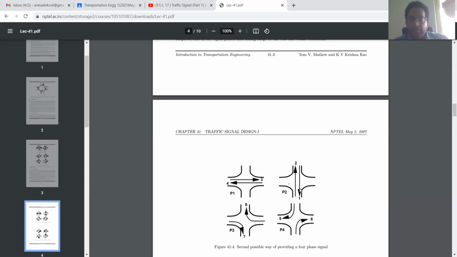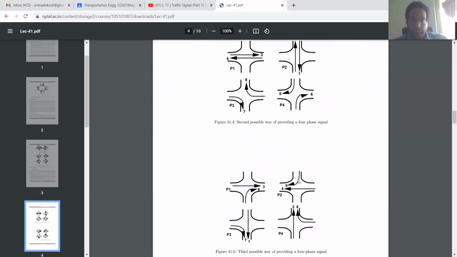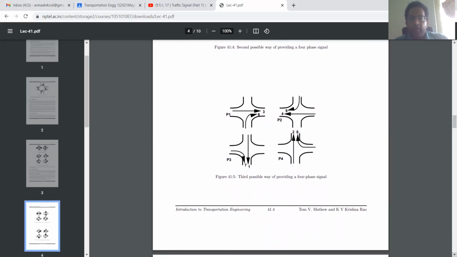So in this one, 1 and 2 are opposing traffic that is allowed in the same phase. So this is a second possible way of providing a four-phase signal. Here a movement is provided like this, traffic 8 and traffic 7 are provided in the other direction. Traffic 5 and traffic 6 are provided in the other direction. So this is another possible way of a four-phase signal.